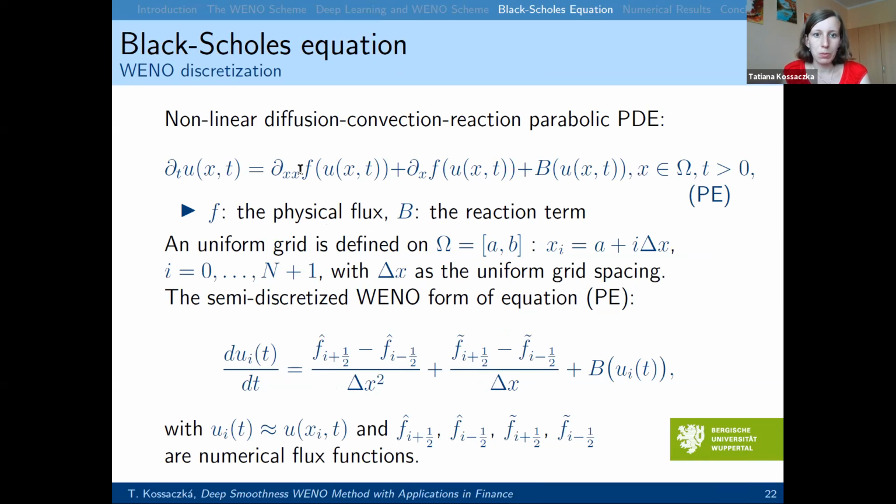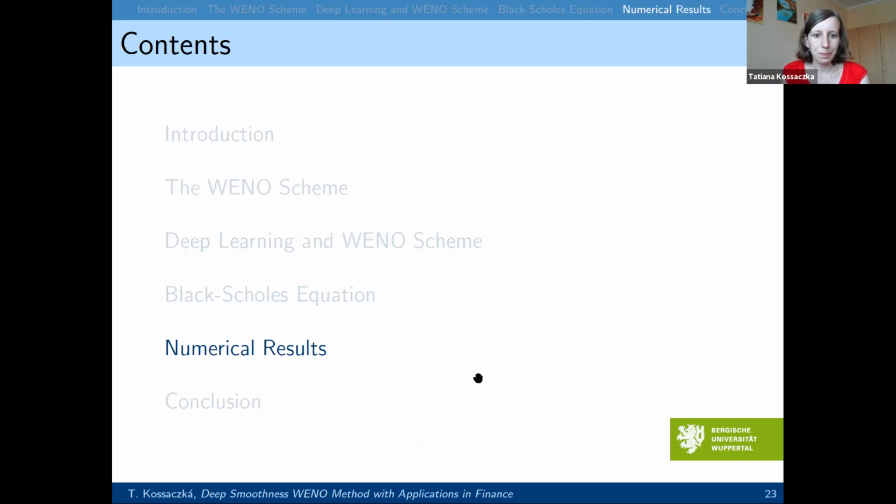For the parabolic term, we used WENO discretization for parabolic equations. For the hyperbolic term, we used the WENO method for hyperbolic equations, and this is just a reaction term. These f hat and f tilde are the numerical flux functions. So this is just a simple discretization.